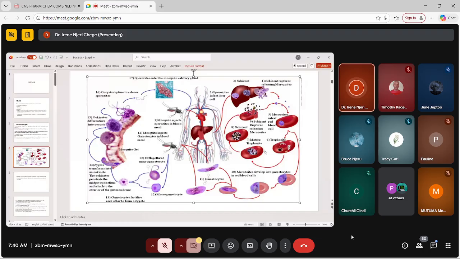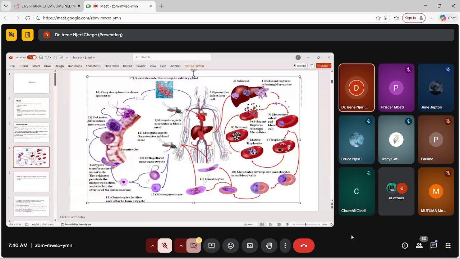So you might wonder, what is all this woman is saying? So the schizonts rupture, number 9, and become merozoites. The reason this is important is because our drugs will be targeted towards specific life cycle stages of this parasite, P. falciparum.